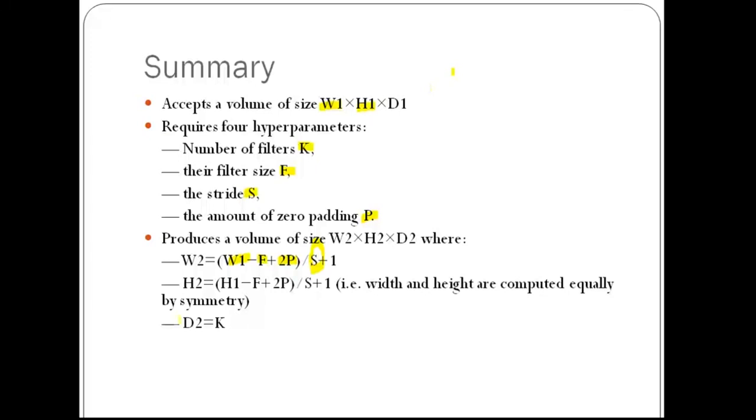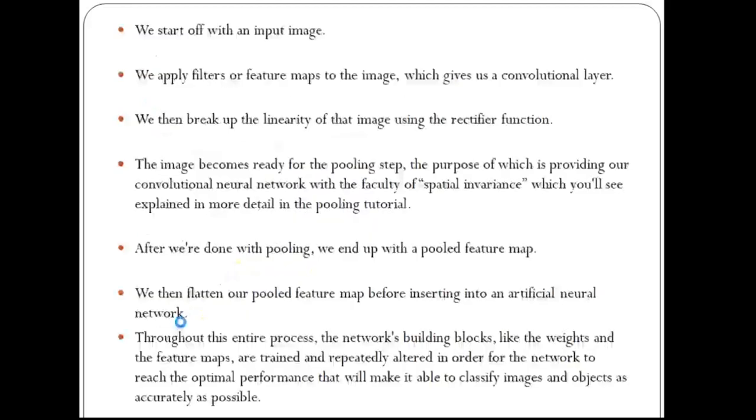Here we are not working on the depth of the feature map. But suppose the number of feature maps we have used is 5, then the stacked feature maps total output will be 128 by 128 by 5.